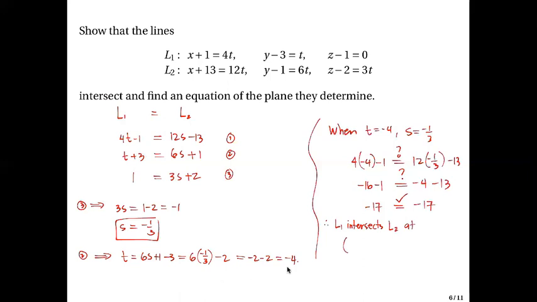So the point of intersection will be, for the x part, -17. For the y part, this is -4 plus 3, that becomes -1. And then for the z, it's just z equals 1. So this is the point of intersection.